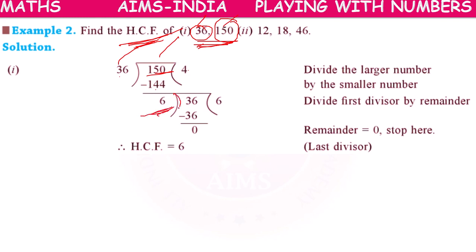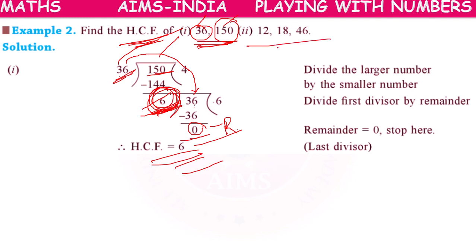Now this remainder acts as the divisor, and the previous divisor becomes the dividend. 6 times 6 is 36. Remainder 0. Means we got remainder 0 when we divided with 6. So the HCF will be 6.